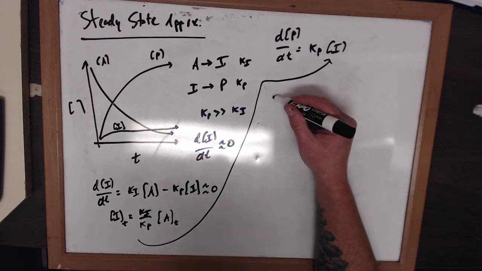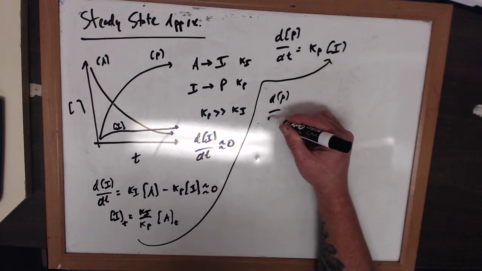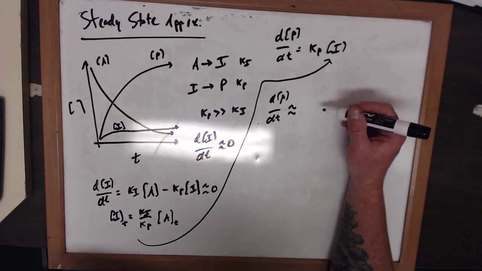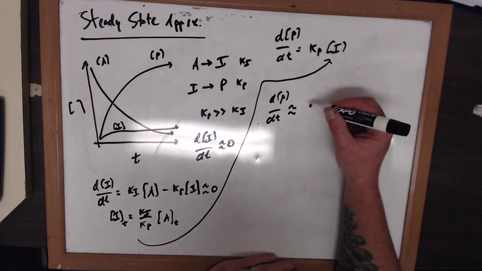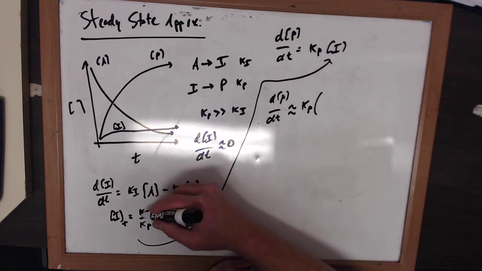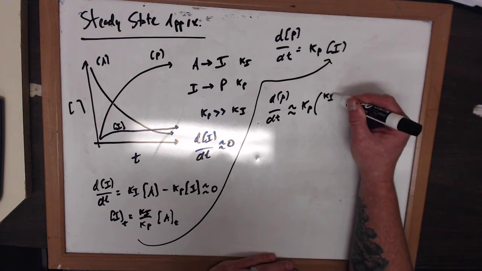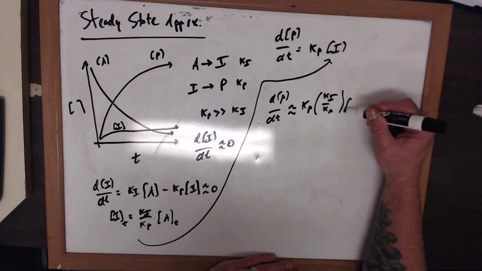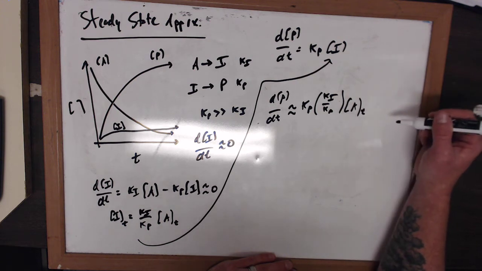And so if I go to do that, I can write dP/dt. And again, this is approximate because we made that steady state approximation. And that's going to be equal to Kp times Ki over Kp times A of t.